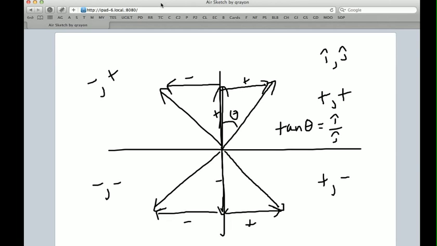The inverse tangent, and the way we do this in Excel is called arctan, so ATAN, of your i hat over your j hat would give you your angle. Now remember, Excel will give you that angle in radians, so then we'll have to put it into degrees. We'll come back to that in a second.